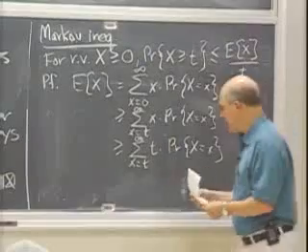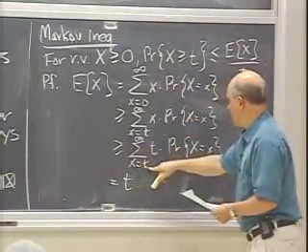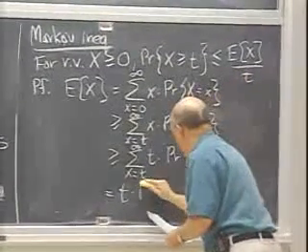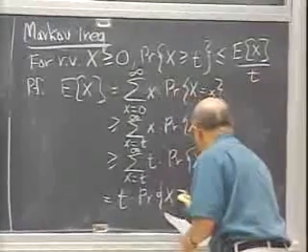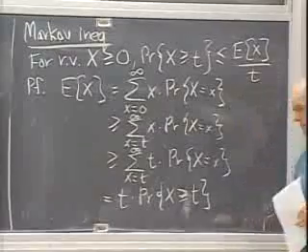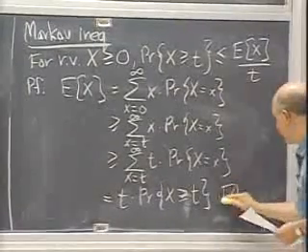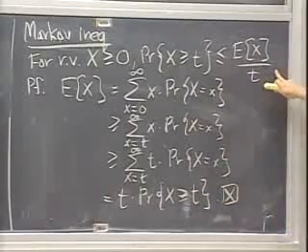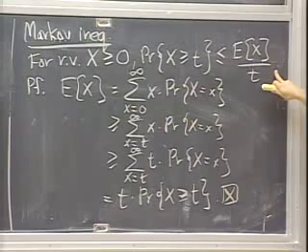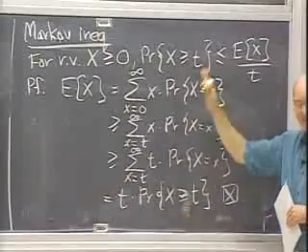That's equal to t times the summation of the probability that x equals little x, which is just the probability that x is greater than or equal to t. And that's done because I just divide by t. So that's Markov's inequality. Really dumb, really simple.